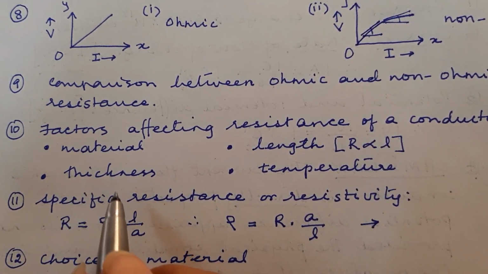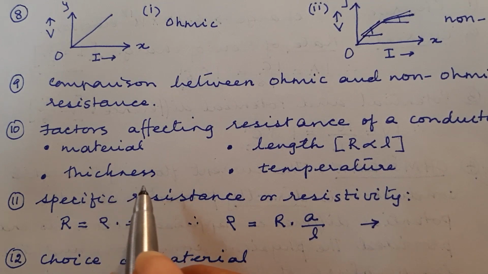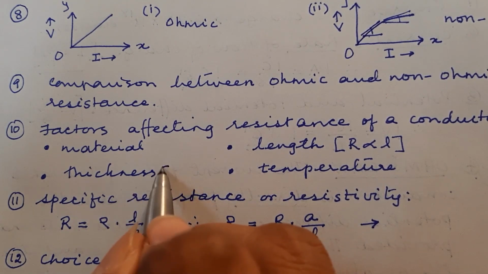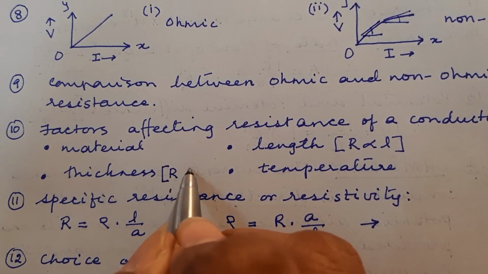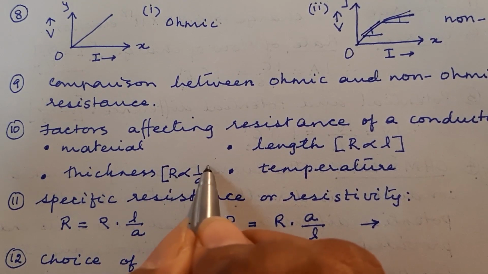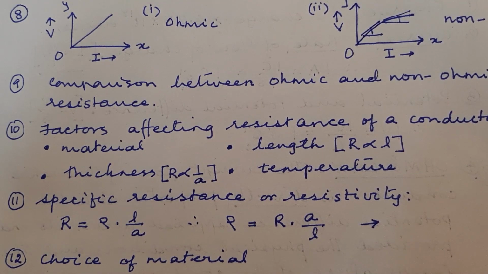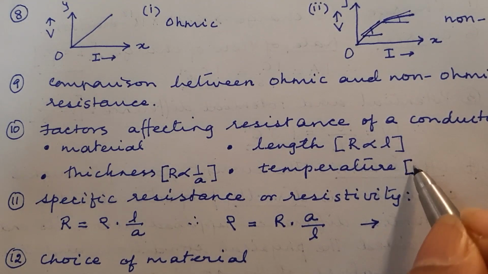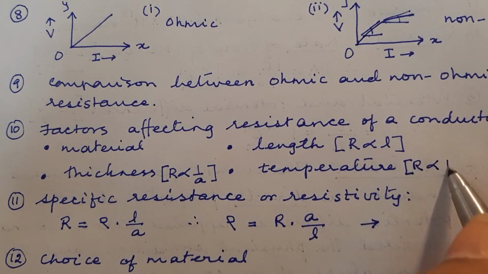The thickness means it will offer you the area of cross section. More the area of cross section, less the resistance, and vice versa. So resistance is inversely proportional to the area of cross section. And for temperature, more the temperature, more will be the resistance, and here we will have resistance directly proportional to the temperature.